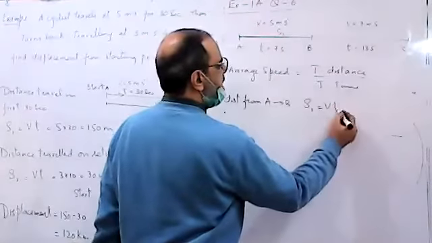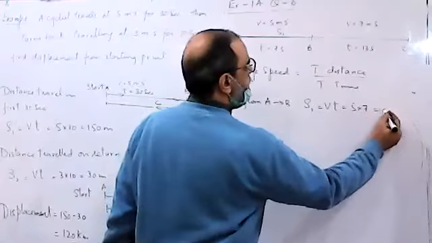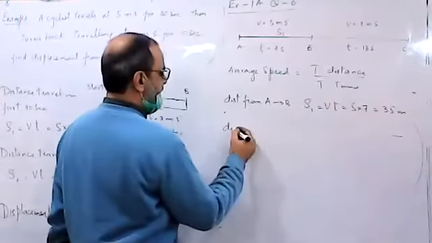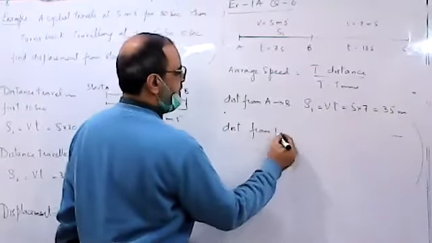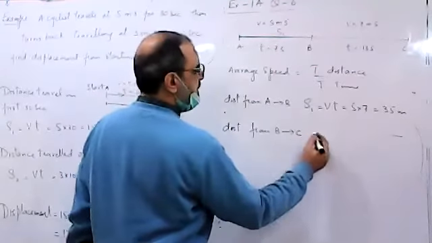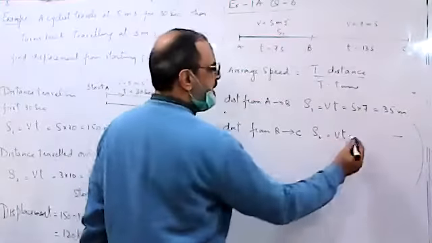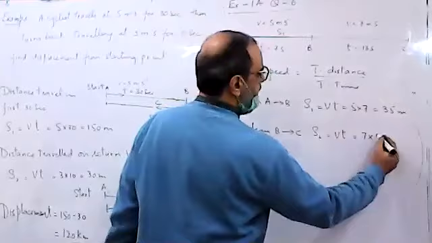That will be equal to Vt. Speed is 5, time is 7. That will be 35 meters. Similarly, distance from B to C, say S2. Again, I'm using S is equal to Vt. Speed is 7 into 13.